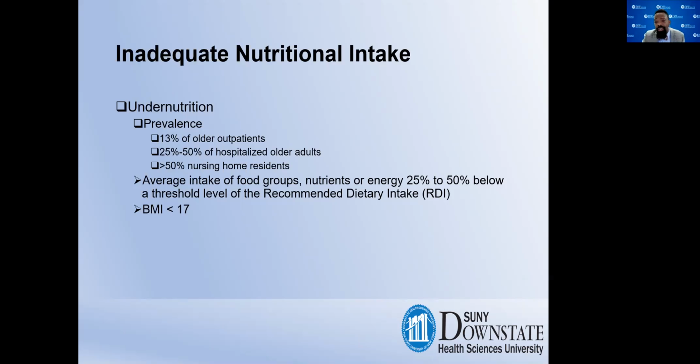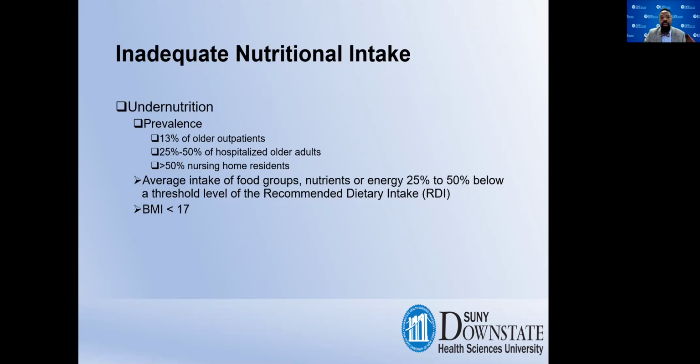So it could be as high as 50% of hospitalized patients. If you transition that to a skilled nursing facility, for a variety of reasons, the prevalence of undernutrition in skilled nursing facility residents exceeds 50%.